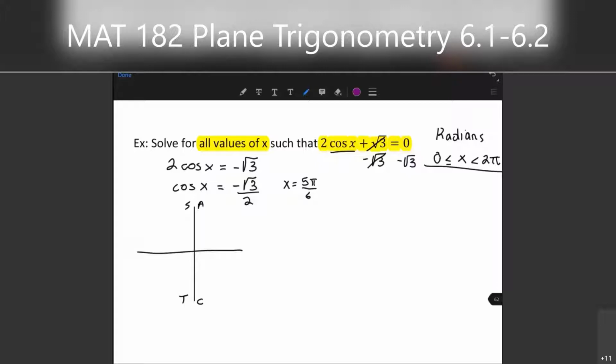It's just order of operations with solving the equation. We always want to do our subtraction or addition first, and then the last operation would be working with that 2. Okay, it's just order of operations for solving.